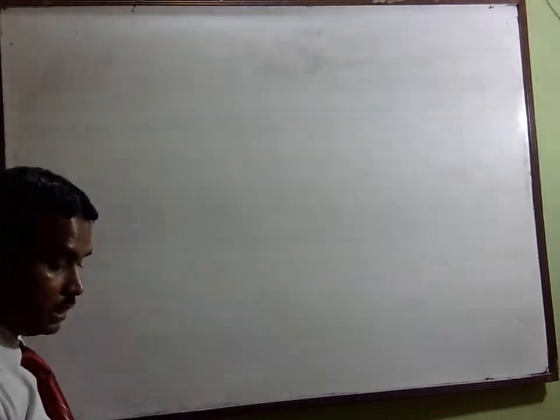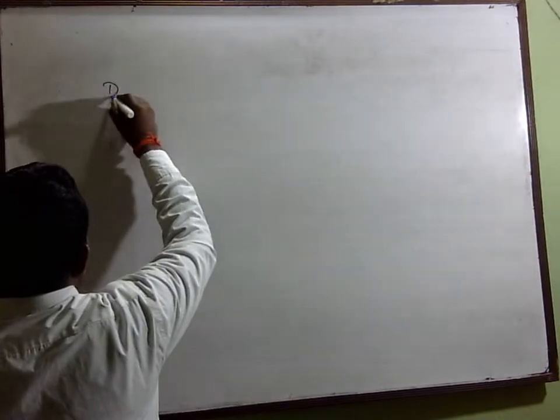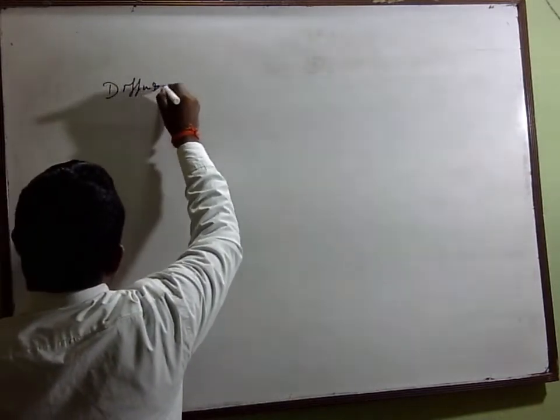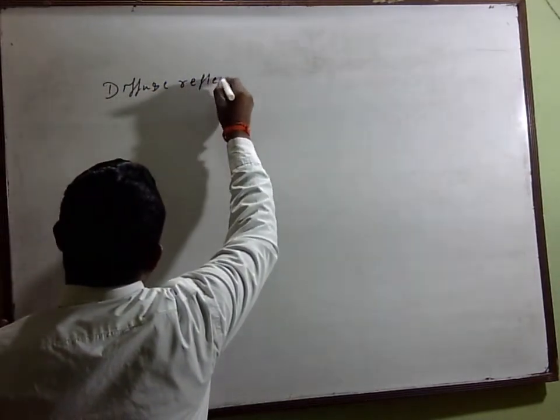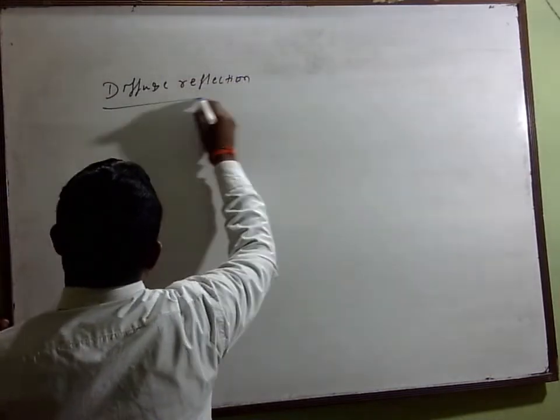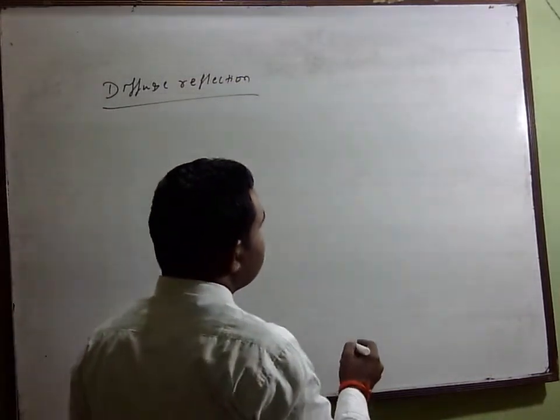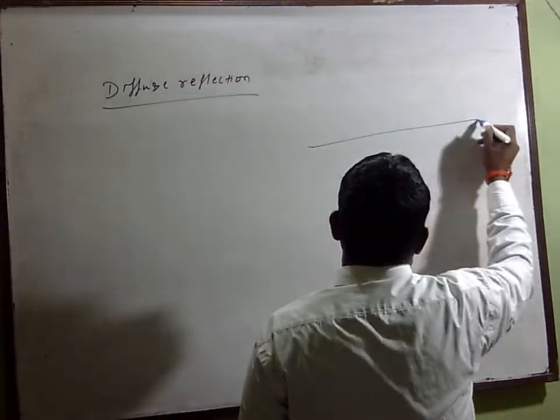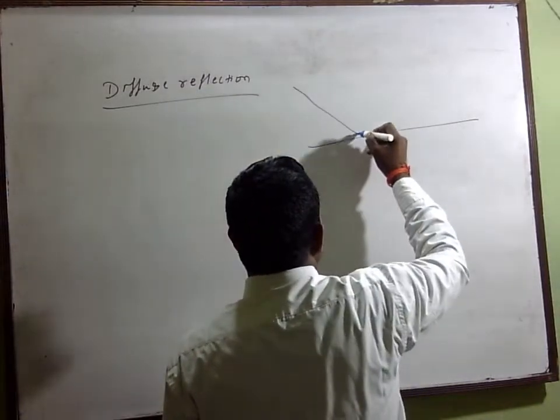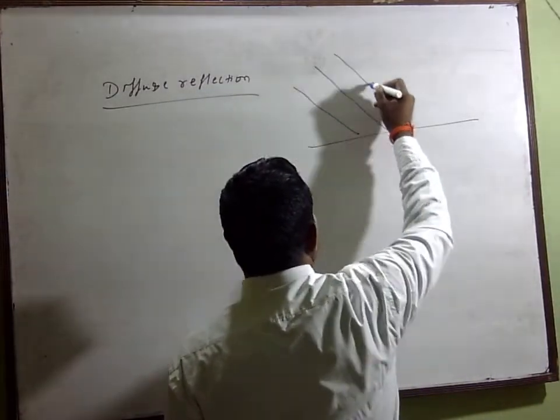You can take next diffuse reflection. Diffuse means, suppose there is a wall, and the ray of light is coming like that.